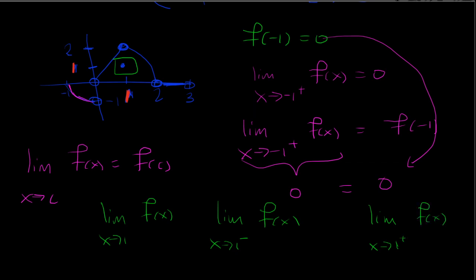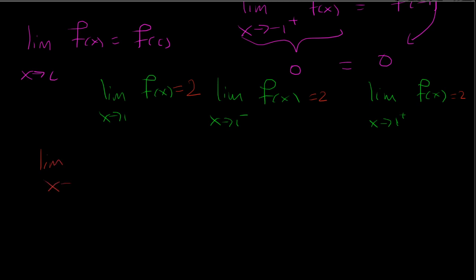From the left, we're coming up along this line right here, and it's going to approach 2. And if we're coming from the right, we're also going to approach 2. So the left-hand limit is equal to the right-hand limit. So the limit as x approaches 1 has to be 2. So it does exist. And does the limit as x approaches 1 of f of x equal f of 1?